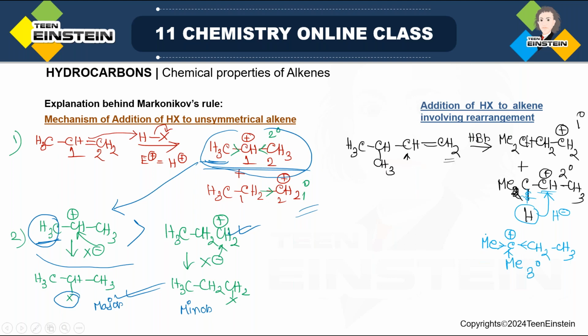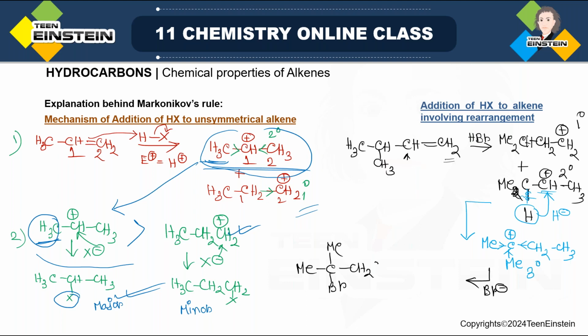So rearrangement is occurring because the driving force is that after rearrangement you are getting a more stable carbocation. That is the reason you will get this carbocation as the intermediate. And finally, when you attach the other part of the reagent to it, we will get the final product.